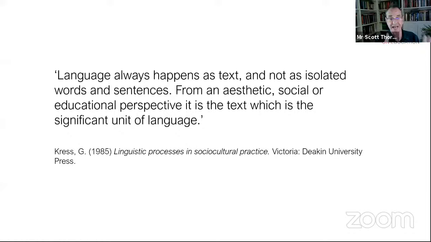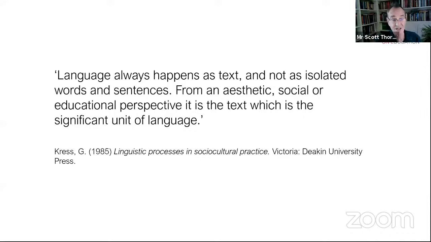Language always happens as text, both spoken and written text, but text, not as isolated words and sentences. From an aesthetic, social, or educational perspective, it is the text which is the significant unit of language. That is to say, it is not words or sentences that are the significant units of language, but text. Language always happens as text.